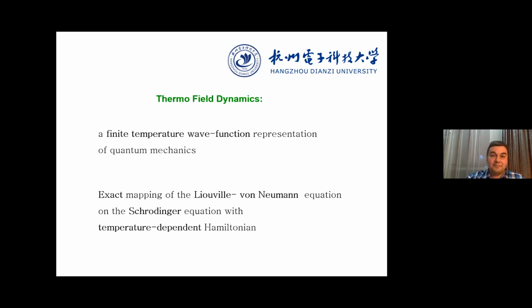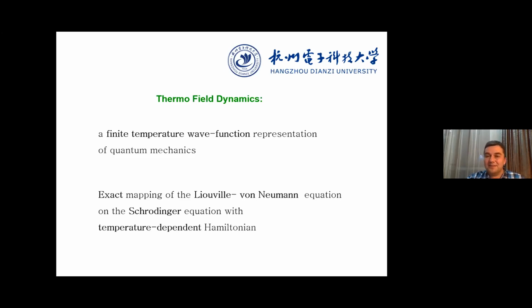And as I mentioned, the thermofield framework allows us to incorporate temperature into the Schrödinger equation, into the wave function description of the driven system dynamics. In other words, it allows exact mapping.